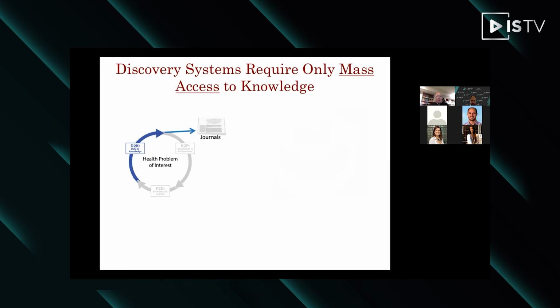Back to discovery systems for a moment and why they require only mass access to knowledge. You can think about the way in which research is done as a serial process where somebody takes data to knowledge, publishes that knowledge in a journal. Somebody else reads that journal article, but that other person is also a researcher who is primarily interested in creating new knowledge.